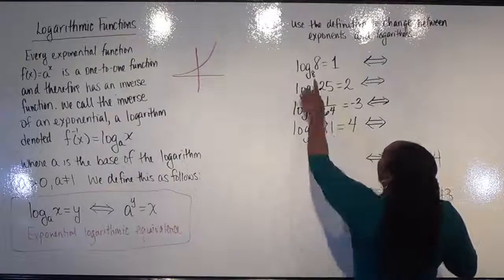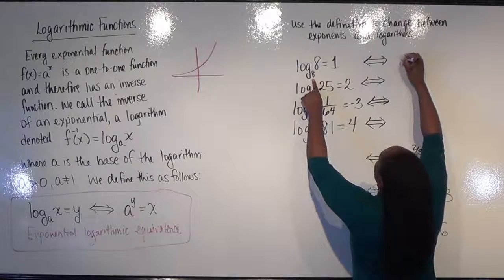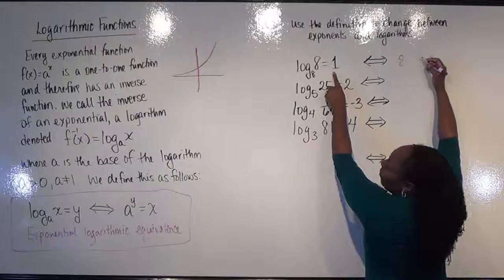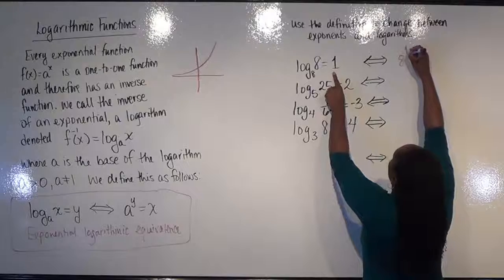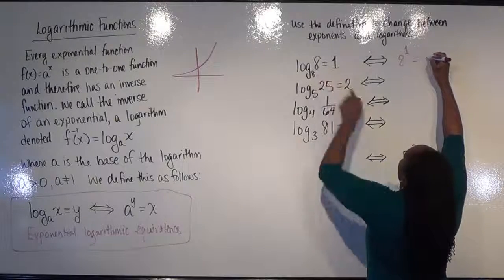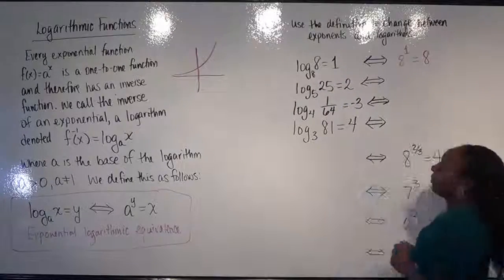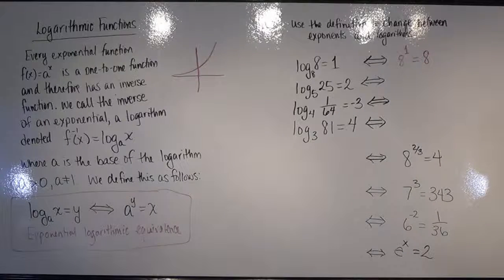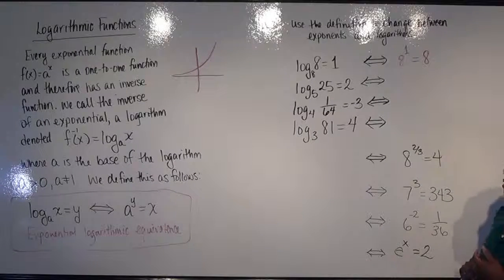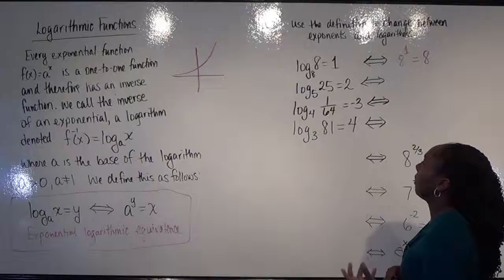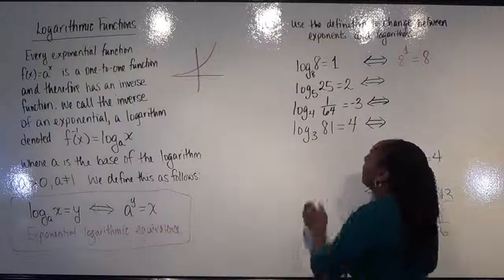So in this case, our base is 8. We're going to raise that to the answer, which is 1, and this is going to equal the argument. Okay, and so there's our exponential form, and we can see that that makes sense, right? 8 to the first power is definitely 8. Okay, same thing here.